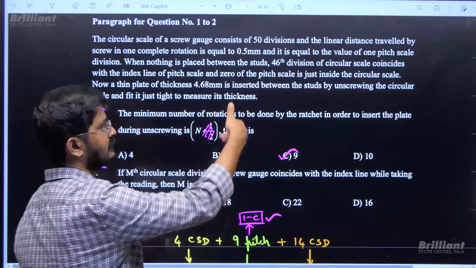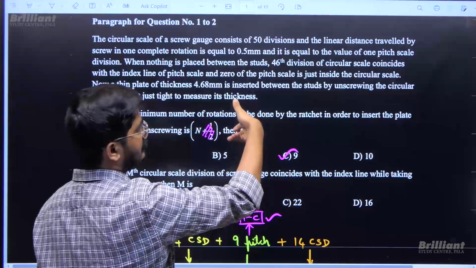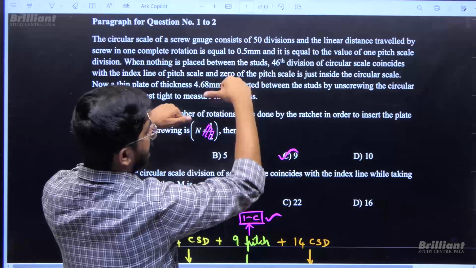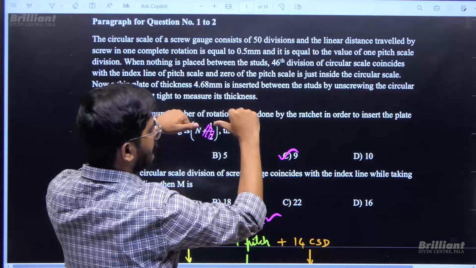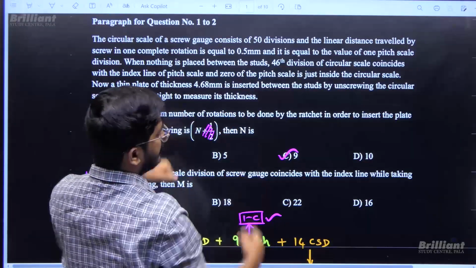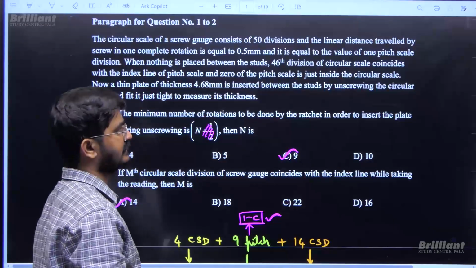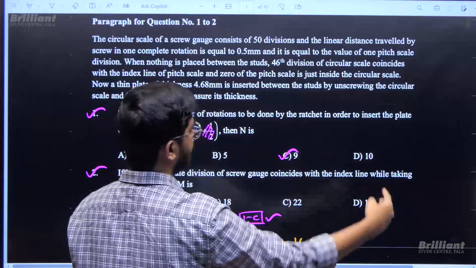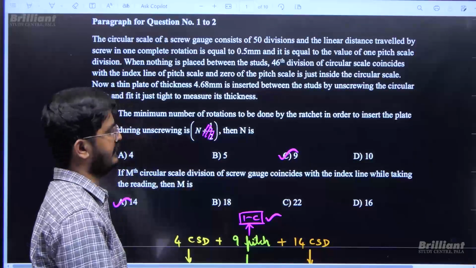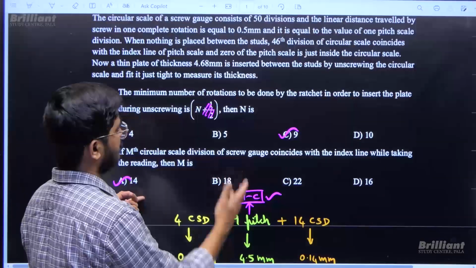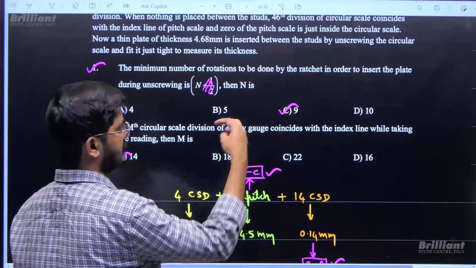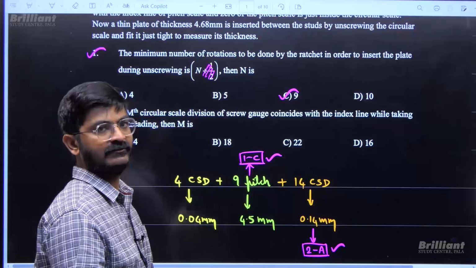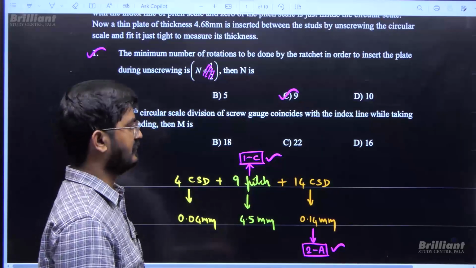Initially it was 46, so if I rotate 4 divisions, 0 will be coinciding. Then I will be rotating 14 more divisions, so totally 18 divisions. I think the options were bad, but the minimum number of rotations is 9 rotations plus 18 circular scale divisions. Out of 18, 4 will go in the error, so the remaining will be 14.